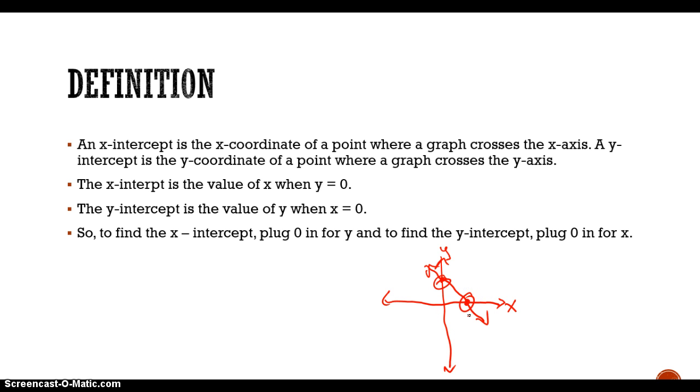Here is my x-intercept. The x-intercept is the value of x when y is 0. So we know this point here, this x-intercept, we know the value of y is 0 at that point. And then the y-intercept is the value of y when x is 0.